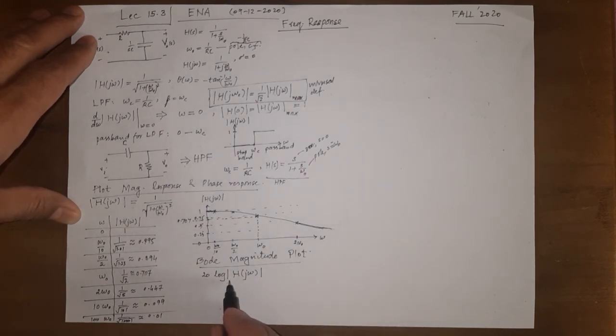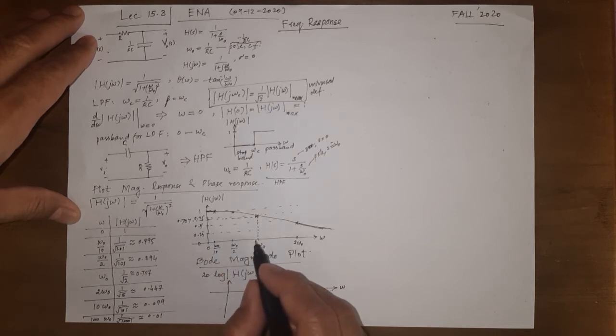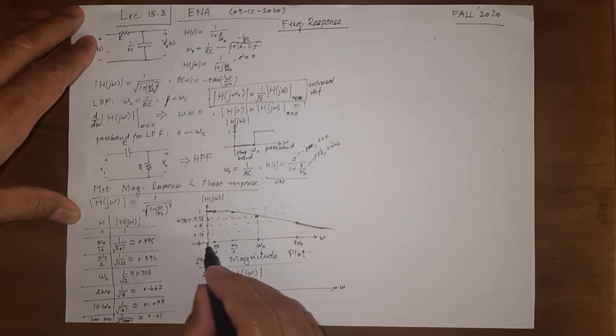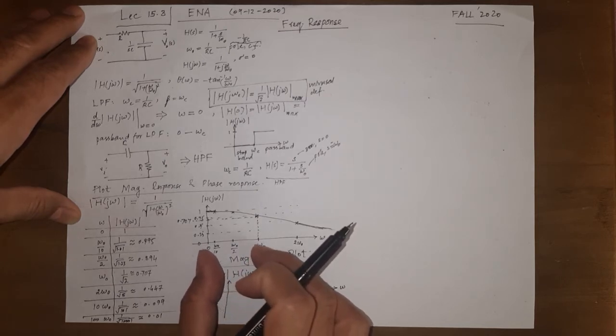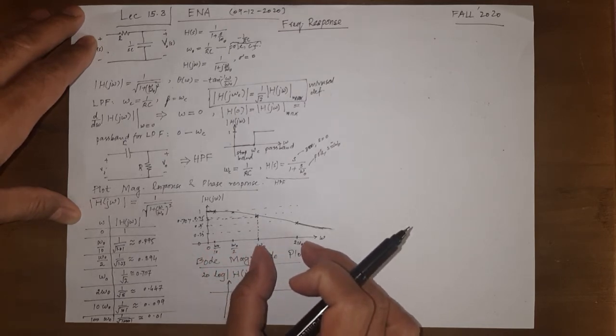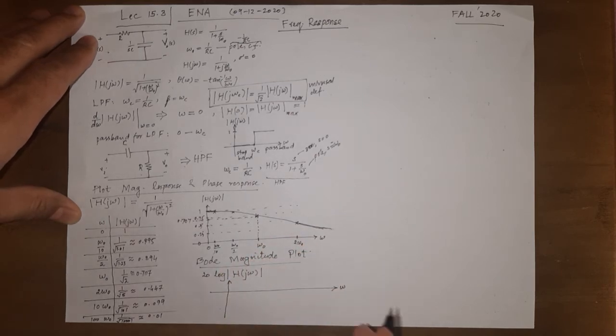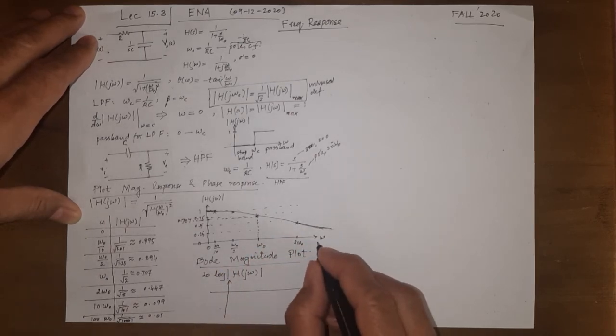Bode said, plot 20 log of H of j omega, and plot omega on a logarithmic scale. A linear scale is one where, if this is omega naught, then half of this distance is omega naught by 2, and 1/10 is omega naught by 10. So if this is omega naught, twice this is going to be 2 omega naught, and so on. This is a linear scale.